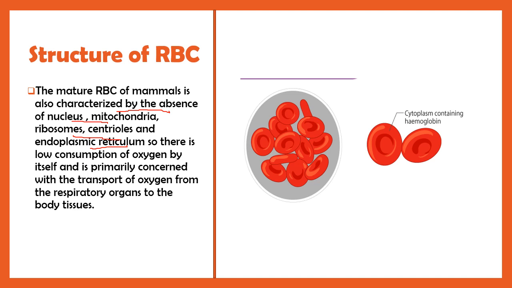Why does this happen? Because the function of RBCs is to carry oxygen and ensure more and more transport of oxygen throughout the body. That's why these organelles are not present here, because they would take a lot of space, and there would be low consumption of oxygen if these organelles were present, right? So the RBCs are primarily concerned with the transport of oxygen from respiratory organs to the body tissues.